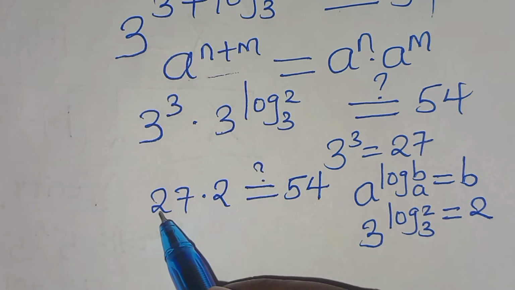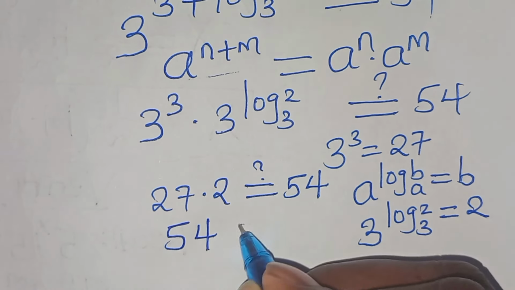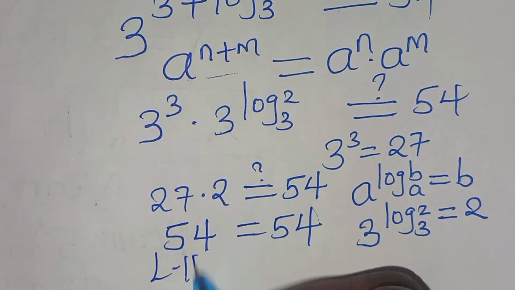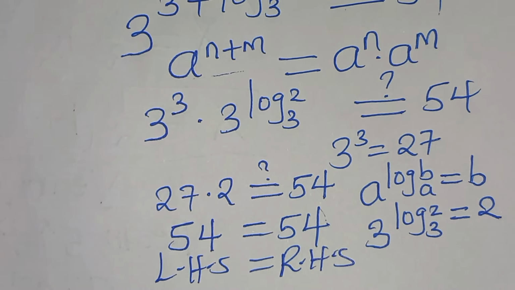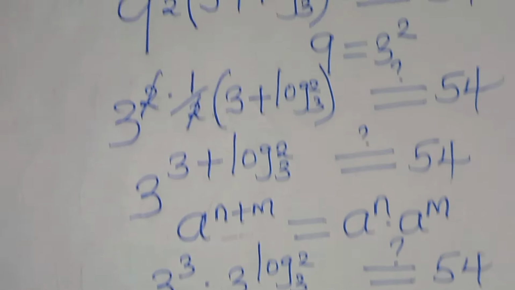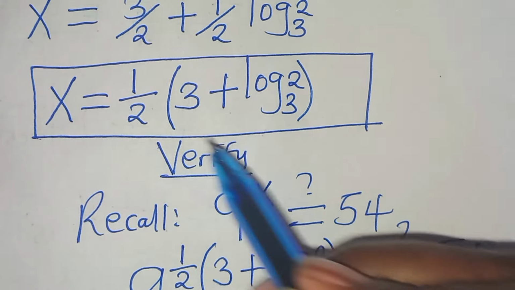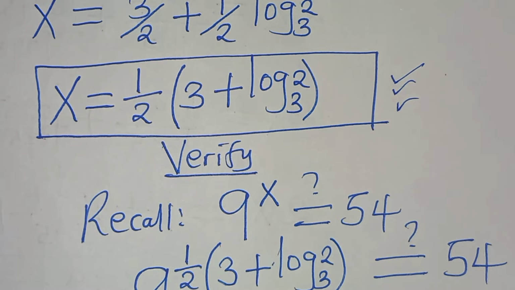So this implies that 27 times 2 is actually equal to 54. So the left hand side is equal to the right hand side. And this implies that the value of x, which is half into the parentheses 3 plus log 2 to base 3, satisfies the equation.